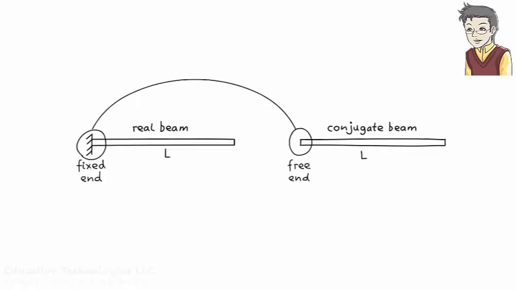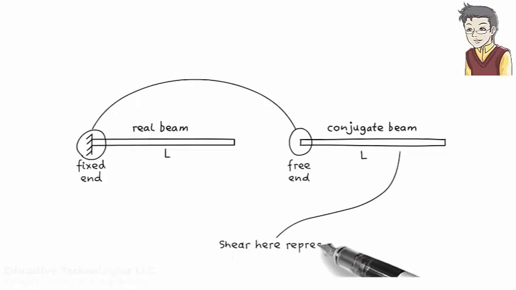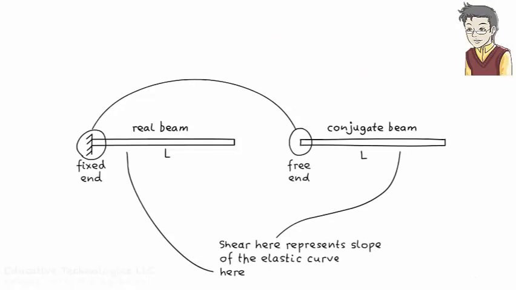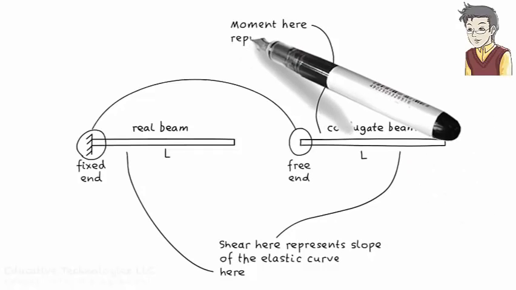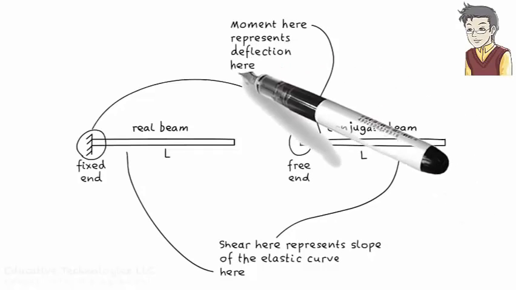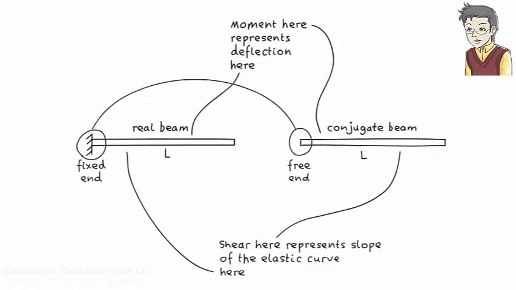Why? Keeping in mind that shear in the conjugate beam represents slope of the elastic curve in the real beam, and moment in the conjugate beam represents deflection in the real beam, then shear and moment at the boundaries of the conjugate beam must match slope and deflection at the boundaries of the real beam.